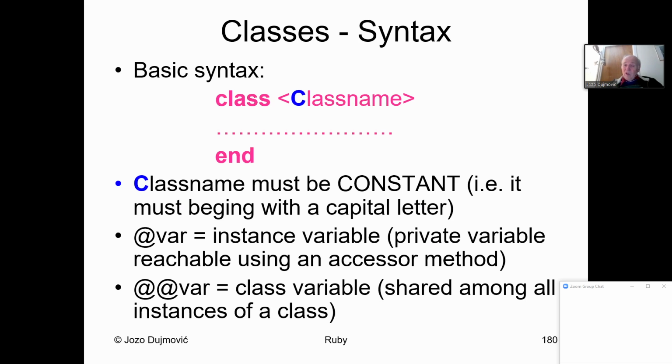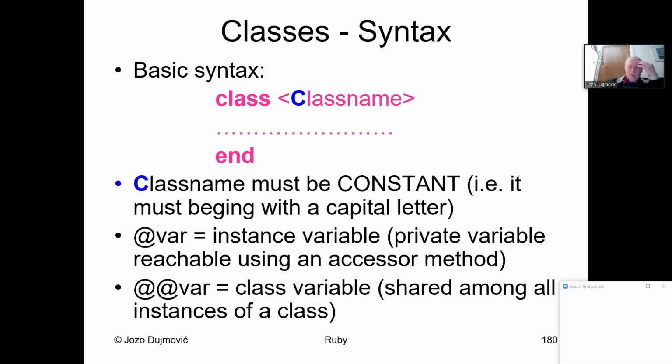What can be used inside are instance variables, which are private, reachable only using accessor methods. They are written as at sign and then variable name after that. So this is instance variable. You know immediately that this is instance variable.